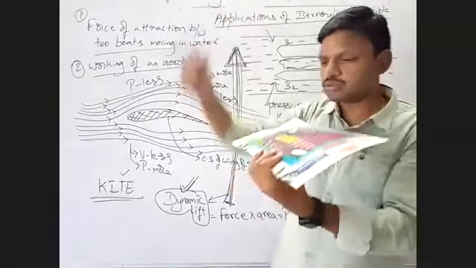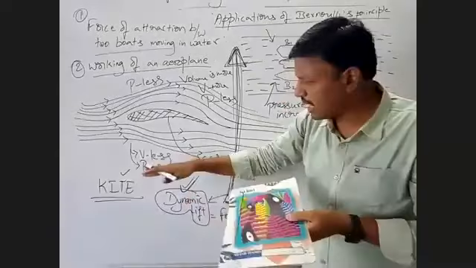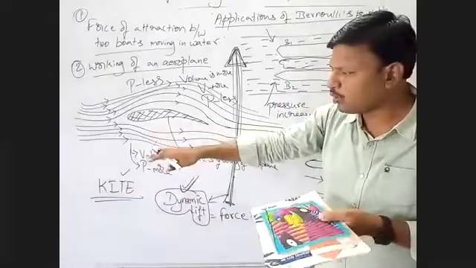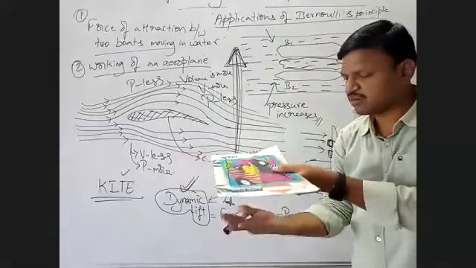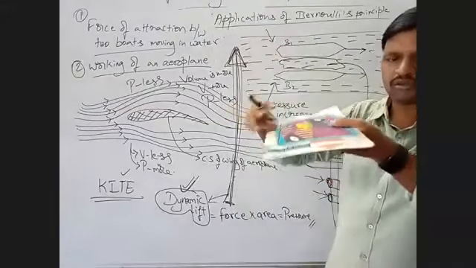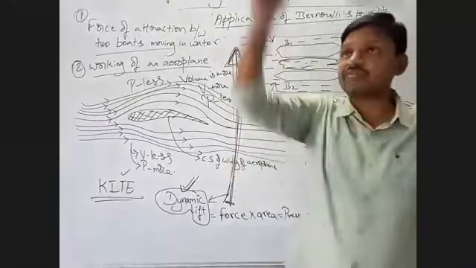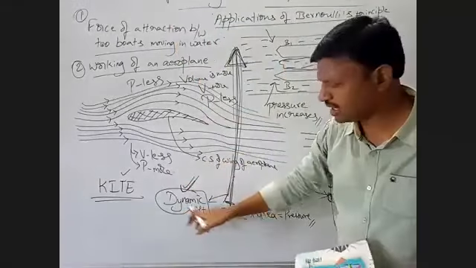As a result, due to the high pressure in the bottom and the low pressure in the above part, the kite flies up, which we call dynamic lift.